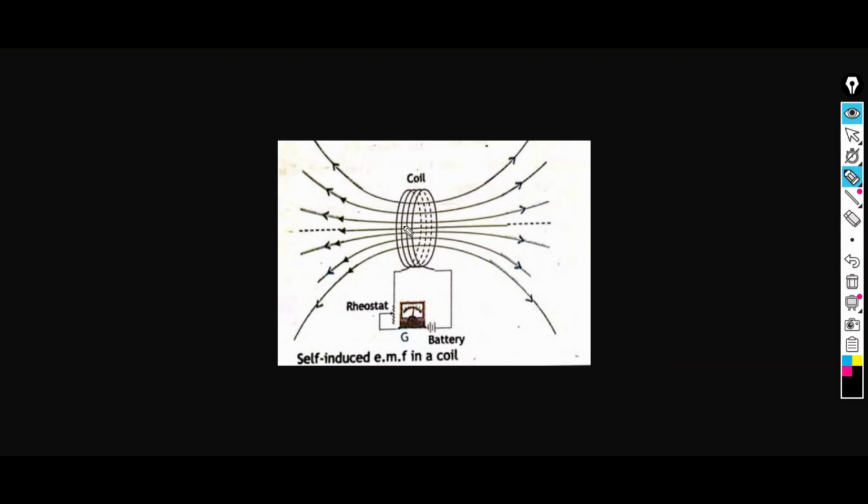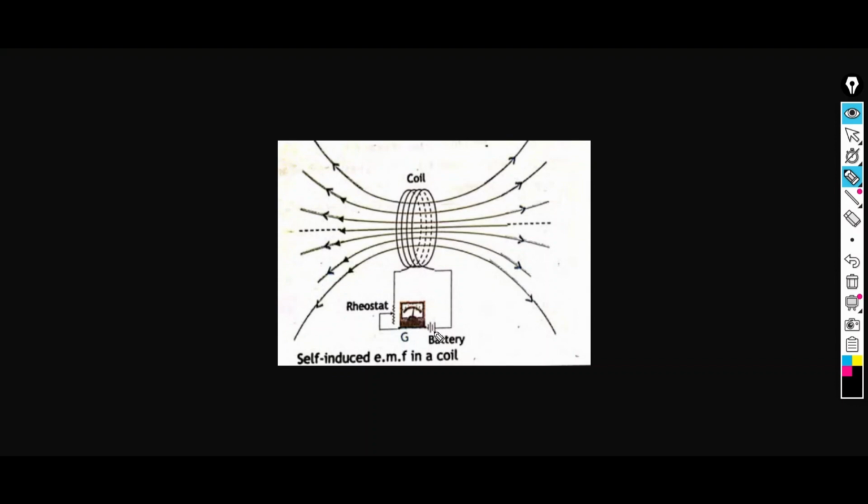And due to the arrangement of the conductors in this specific shape, the magnetic field will be added up inside this coil, and due to which the overall magnetic field will be produced around this coil.